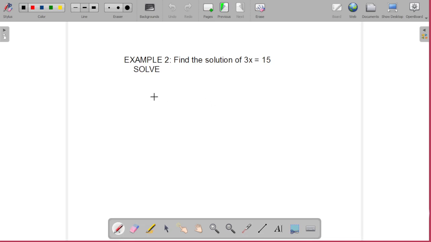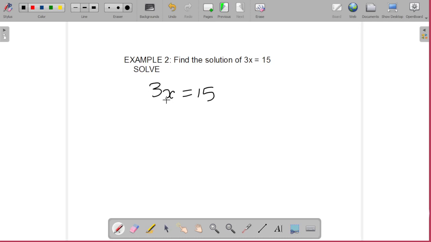To solve this, first let's write out our equation. We have 3x equals 15. The goal is for me to isolate my alphabet, and the way to do that is to divide this expression by 3. When I divide by 3, I can cancel out the 3.